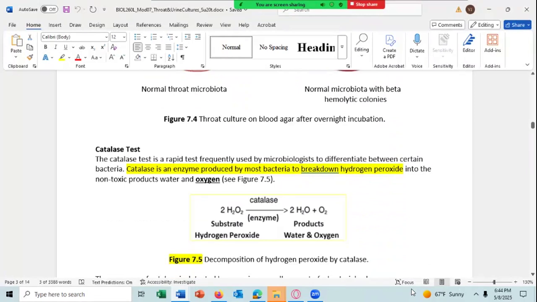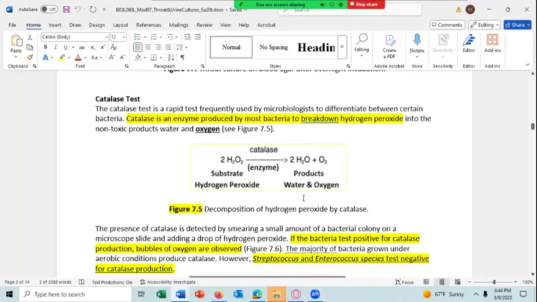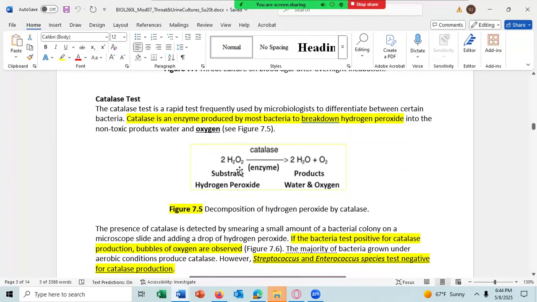One is running the catalase test. Catalase is an enzyme that breaks down hydrogen peroxide. So here we have hydrogen peroxide around; catalase will produce water and oxygen. And so if you see bubbling in the hydrogen peroxide, you know the enzyme catalase is around. If the bacteria are positive for catalase, bubbles will be shown.